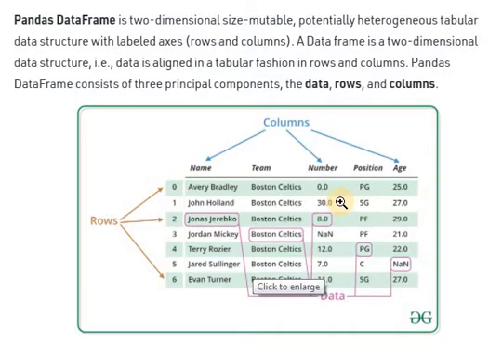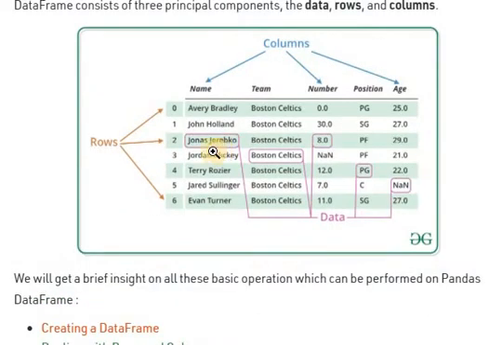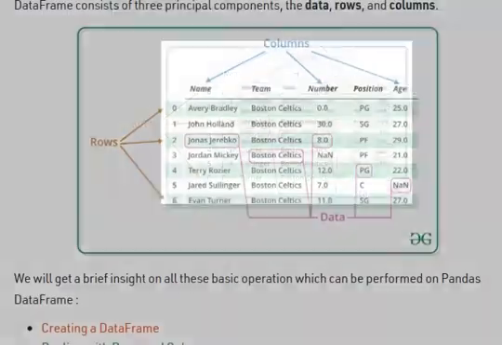Generally the data frame is a collection of data, rows and columns. In this figure you can see that name, team, number, positions and age are my columns. This is the data that I have to put in tabular form, and these are the rows that represent the records.